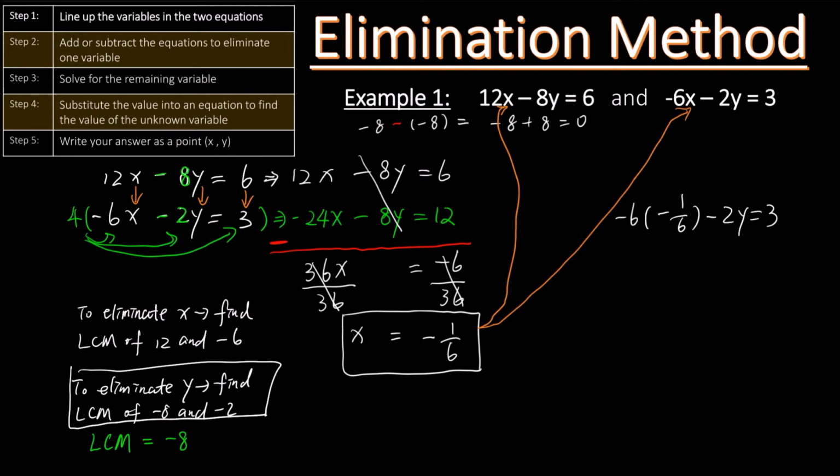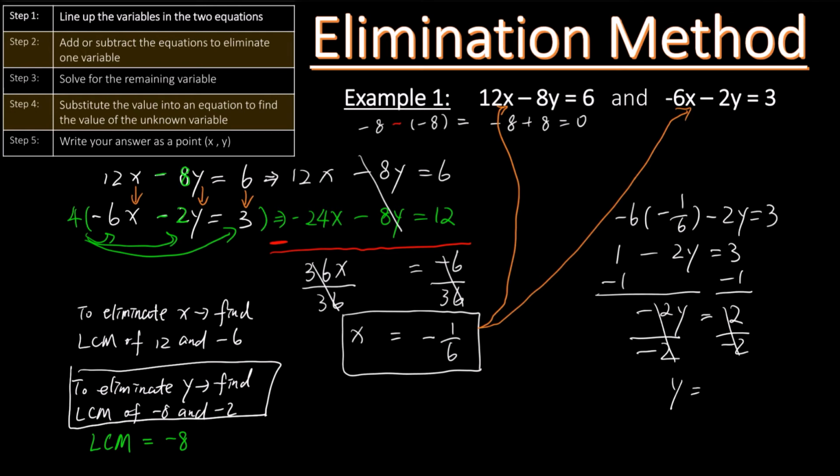And simplifying this equation, I have 1 minus 2y equals 3. Subtracting 1 from both sides, I have negative 2y equals 2. And dividing both sides by negative 2, I have y equals negative 1.